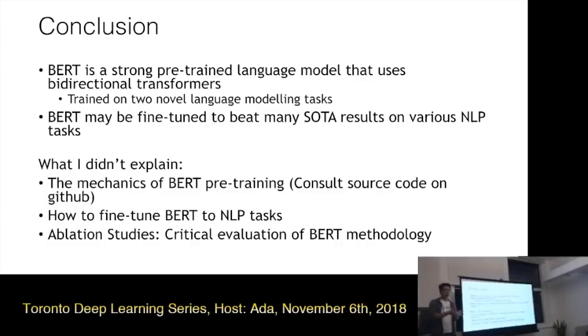So when they roast OpenAI GPT and they roast ELMo, they try to do it critically, in the sense that for nearly every methodology they use in BERT, they try to compare that to OpenAI GPT, which uses a left-to-right transformer. In the ablation studies, they compare the effects, for example, of a bidirectional transformer to OpenAI GPT, keeping all the other parameters relatively constant. Well, I'm just finished.